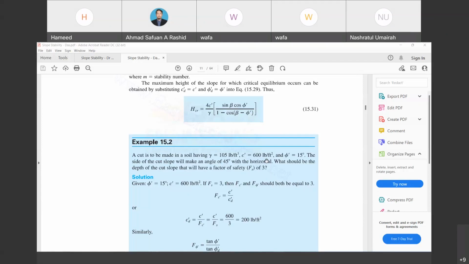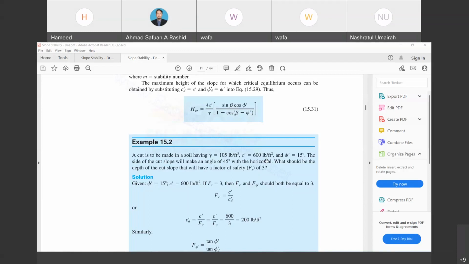So the solution: phi is equal to 15, C is equal to 600 pounds per square foot. If the factor of safety is equal to 3, then Fc and F phi should also be equal to 3.